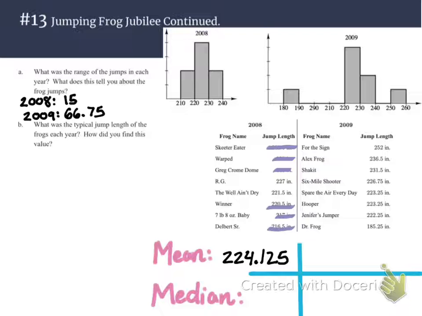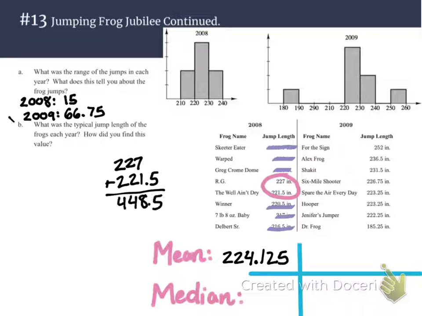So I'm going to add up those two numbers and divide by 2. When I add them together, I get the sum of 448 and 5/10. When I divide by 2, I get 224 and 25 hundredths. So if you're comparing the year 2008, the mean and the median are about the same. They're very close to each other.